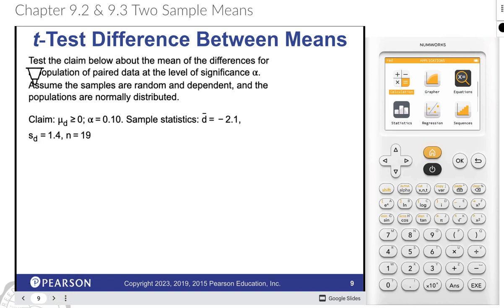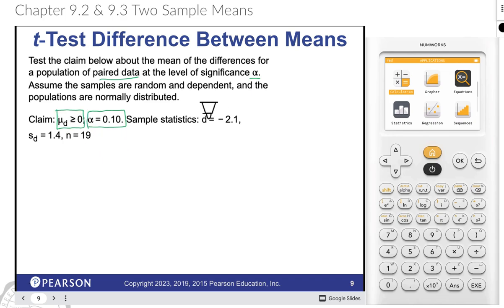Okay, so here's an example. We're asked to test the claim below about the mean of the differences for a population of paired data at the level of significance of alpha. Okay, so alpha here is going to be a 10% significance, and the claim is that the actual population mean difference, remember, is going to be greater than or equal to 0. Okay, and we'll stick with the equal to.